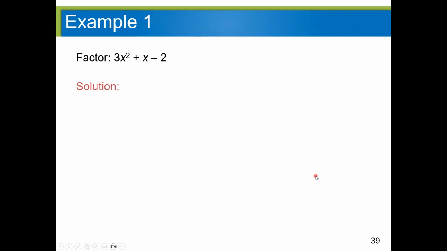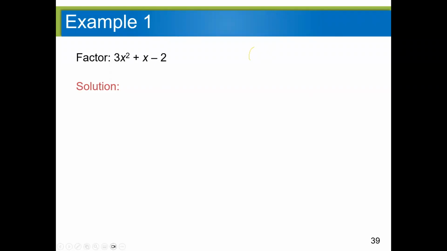So how do we factor this dude? 3x squared plus x minus 2. First of all, I have a positive b and a negative c. What does that mean? I need something that adds up to positive, but multiplies to negative. So I need to have in my binomial, right? So this is the stuff I would be drawing on the paper as I'm looking at this.